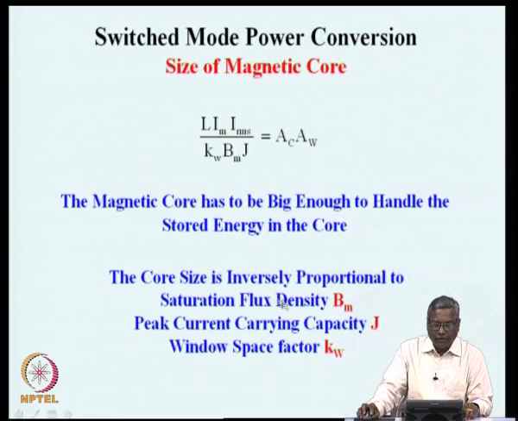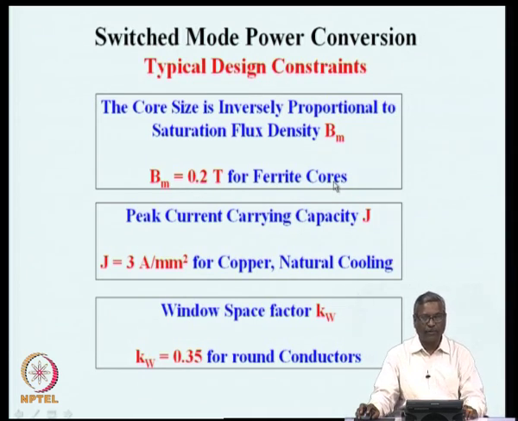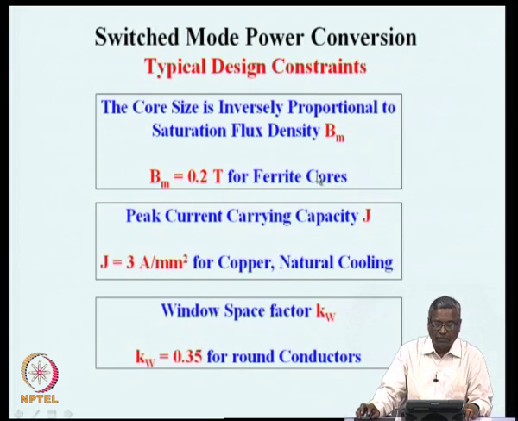We have seen that the core size is inversely proportional to the maximum flux density of the material, the peak current carrying capacity of the conductor, and the window space factor Kw. Typical design constraints could be for ferrite type of cores, which are normally common for all power conversion equipment where we will be switching at high frequency.